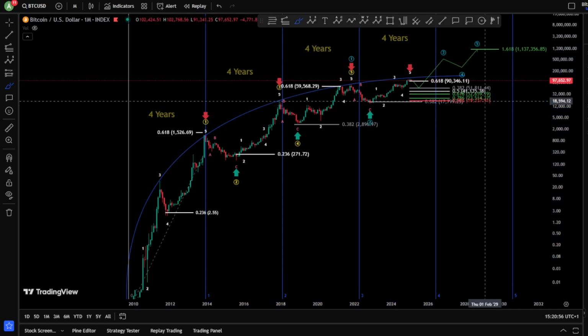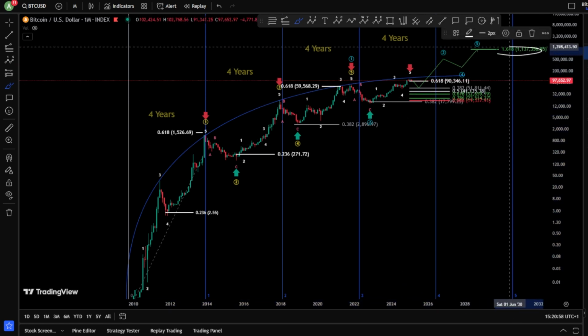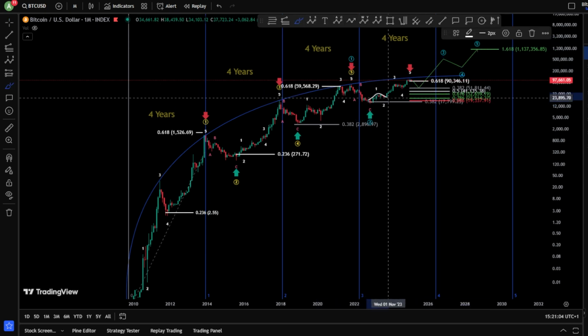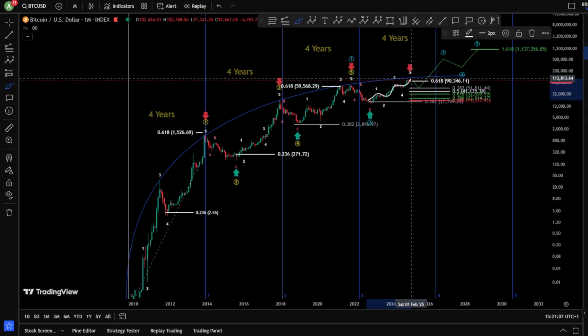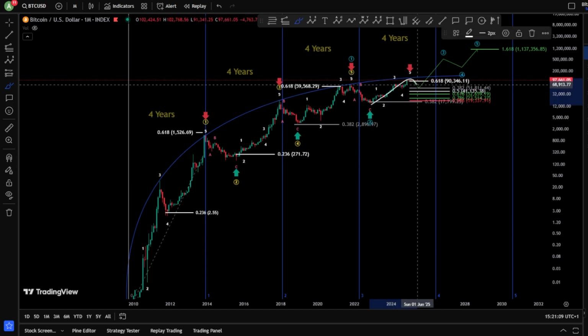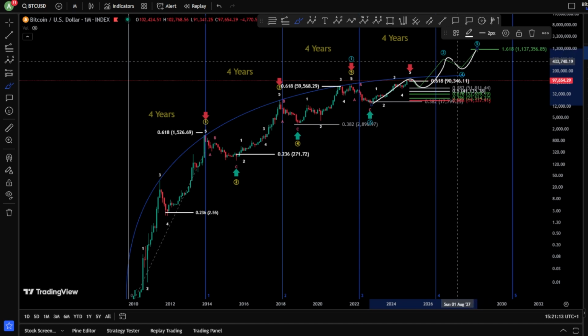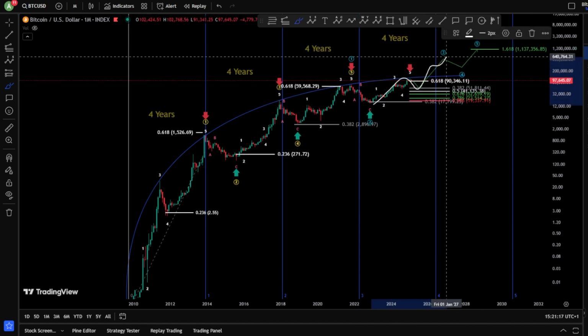Your perfect targets for this scenario, where you would like to reach higher, in case this is your wave 1 for a wave C, because you have 1, 2, 3, 4, 5. Therefore, you have finished a wave 1 for your wave C, 1, 2, 3, 4, and a 5. Meaning, this is still for a wave 3, by the way, 1, 2, 3, 4, and a 5.